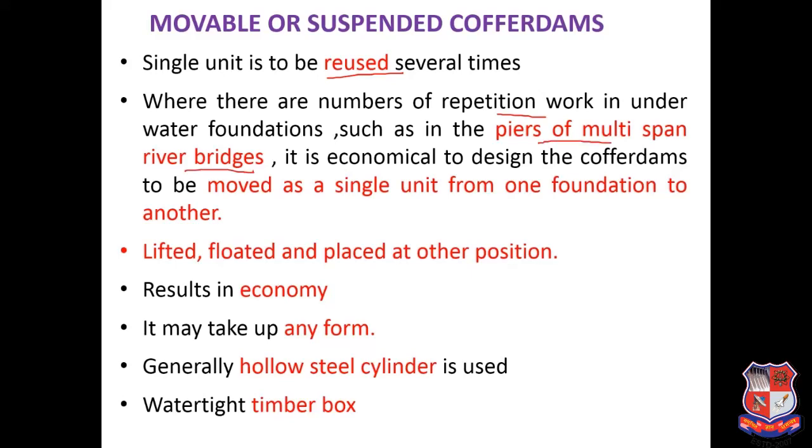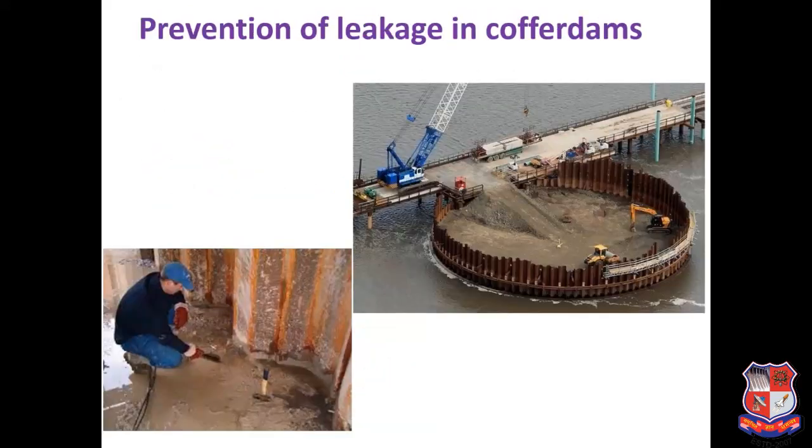There are many piers in a multi-span bridge, so for each single pier you can go for such a cofferdam. It is to be lifted first, then floated, and then placed at other positions. So it results in economy. It can take any form, and generally a hollow steel cylinder is also utilized, and a watertight timber box can also be utilized as a movable cofferdam.